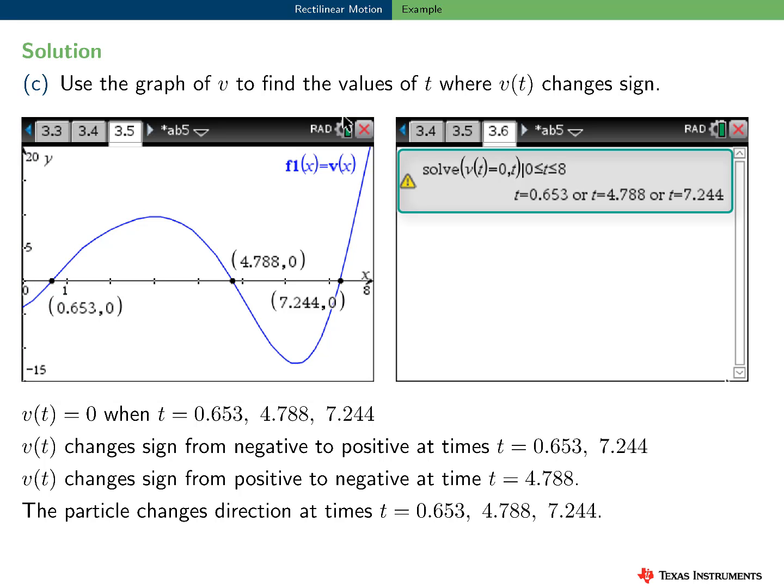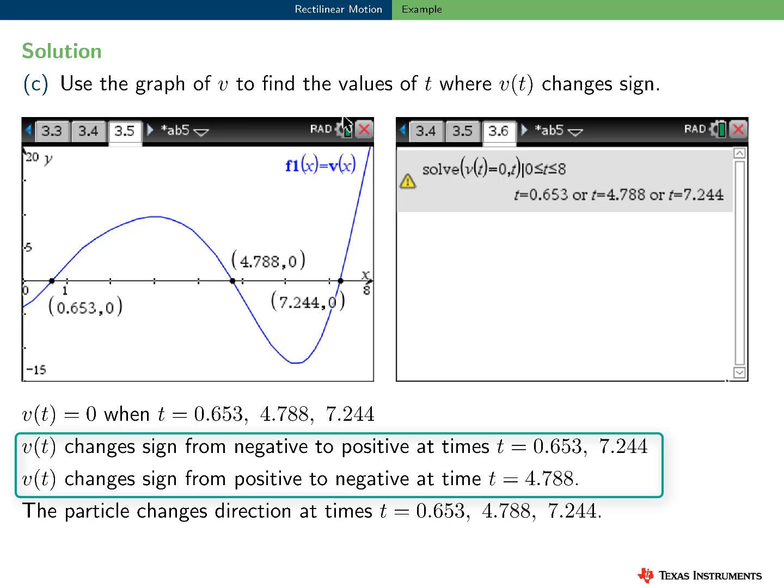To confirm these results, I used the solve command on the home screen. The graph of v together with the numerical solutions indicate there are 3 values of t at which the particle changes direction. And these statements are generally sufficient justification or interpretation of a graph or a sign chart.